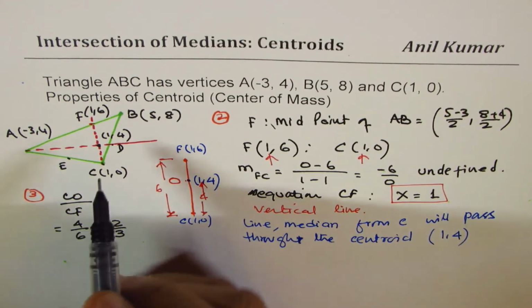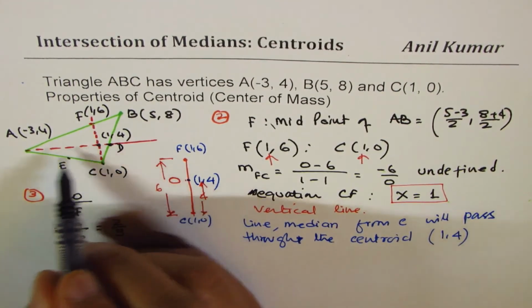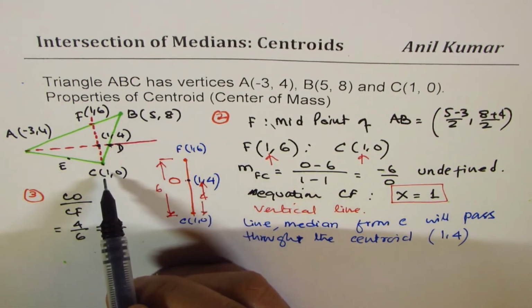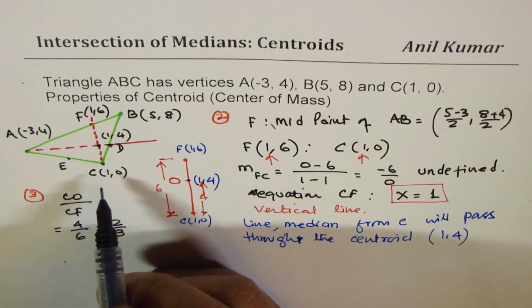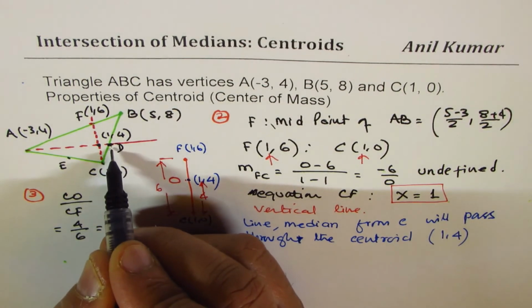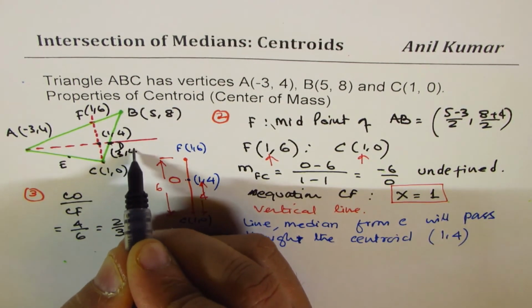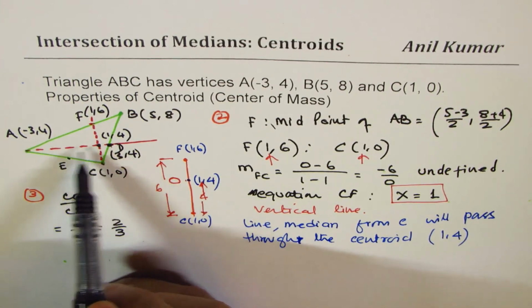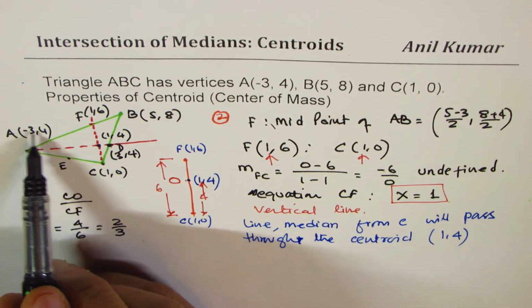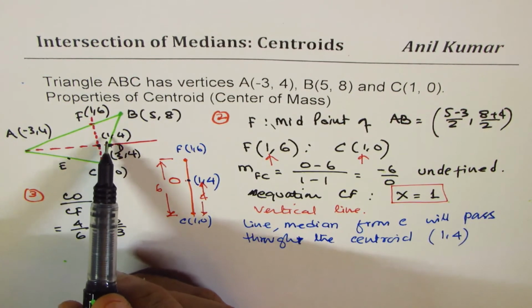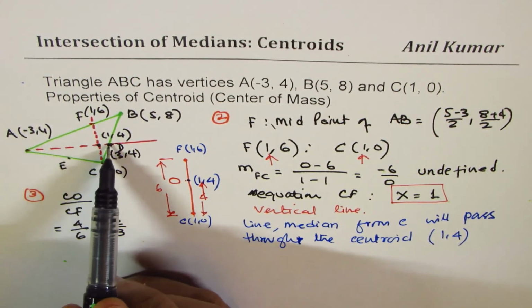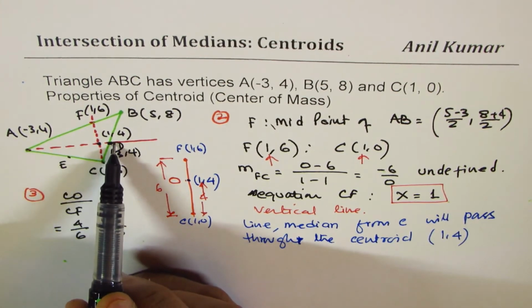Now, if you look into this horizontal line also, we found that this midpoint was (3, 4). This point is (3, 4) for us. So horizontally, this is (-3, 4) and this is (3, 4). That means total length is 6 units.